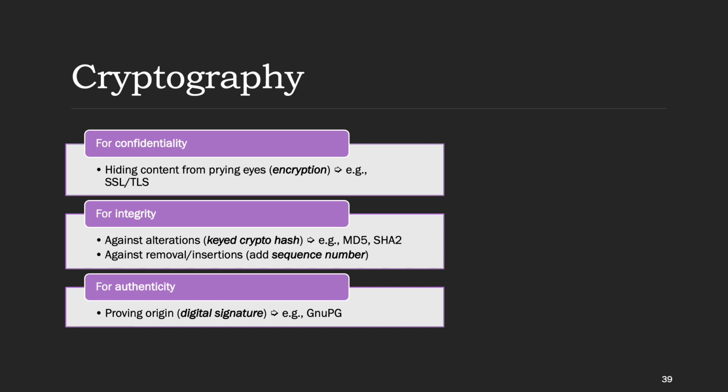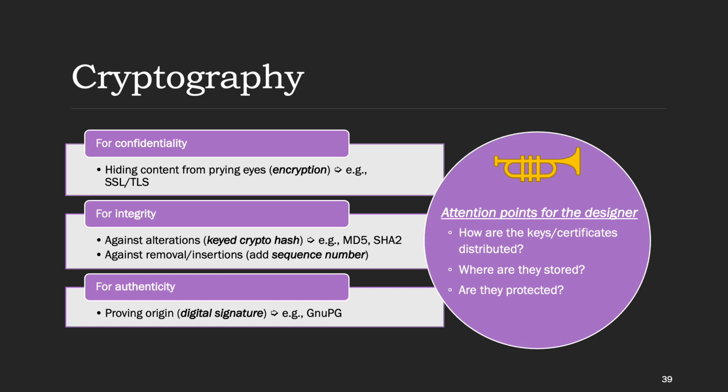The most important thing for the designer to worry about when using cryptography is the cryptographic keys. So we need to ask ourselves: how are these keys or certificates distributed around the system? Where are they stored? And are they protected during storage, when they are at rest, or when they are being transferred?